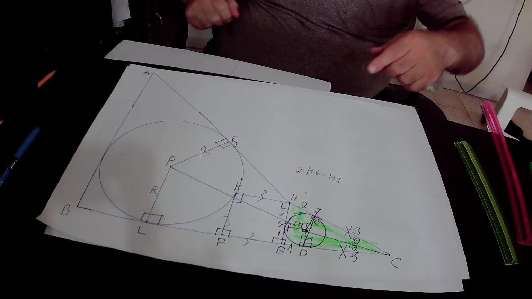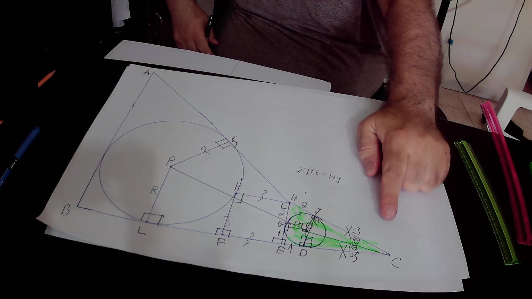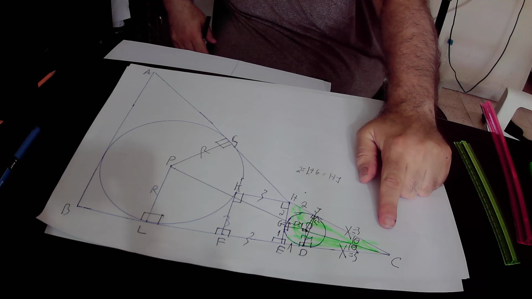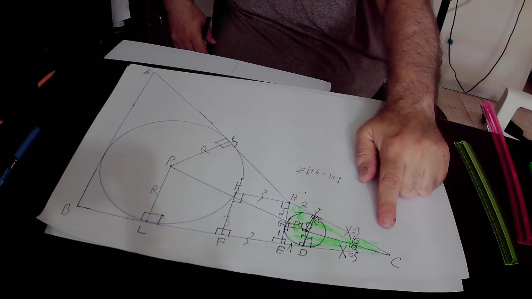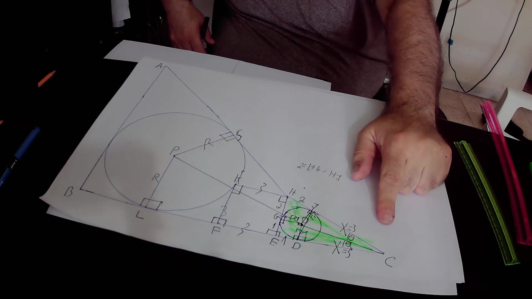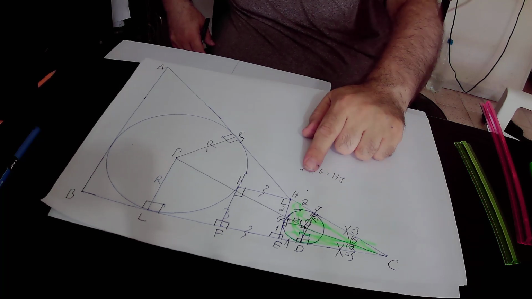In addition, we focus on the common external point C. For the common external point C, we have two tangents to the big circle, tangent CS. I repeat again, we treat CS as a straight line.